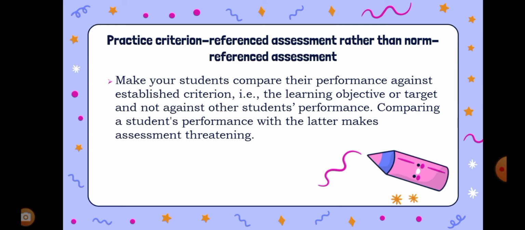predefined criterion such as the learning objectives or target, rather than to the performance of other students. Because when a student's performance is compared to that of the latter, assessment becomes dangerous. So what is the difference between the two? When we say criterion reference, tests measure performance on specific concepts and are often used in a pre-test or post-test format.